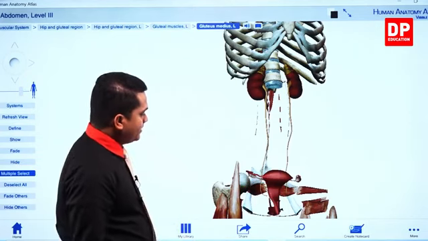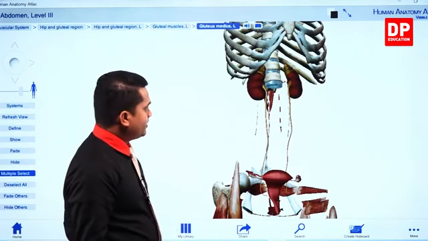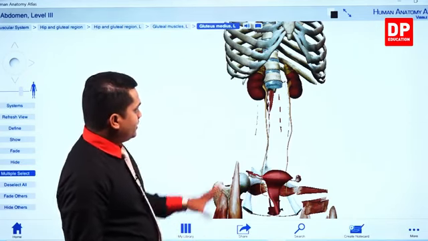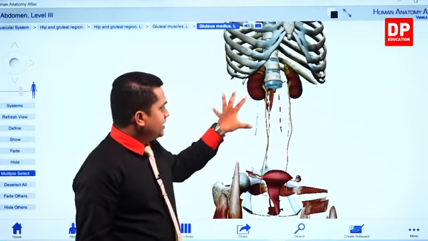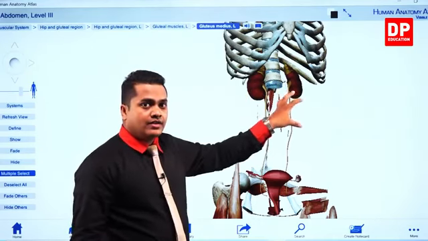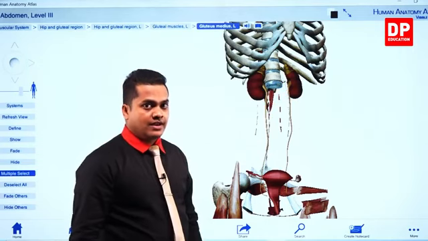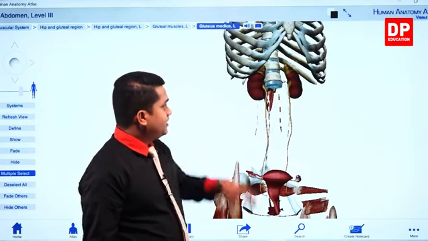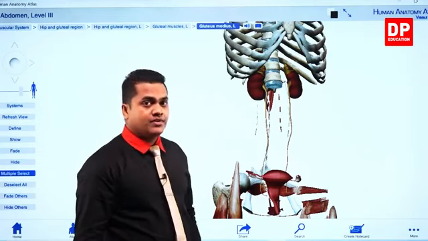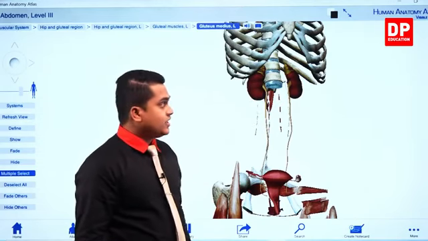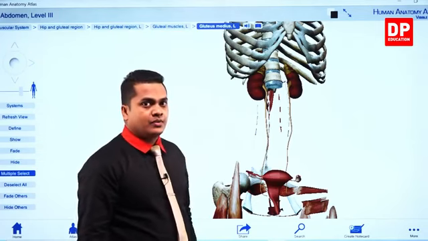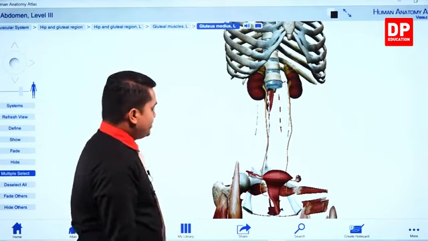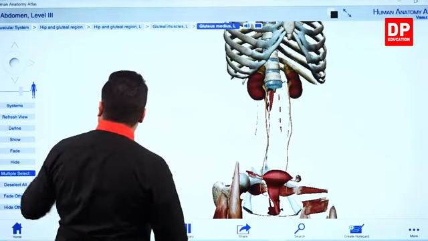This is the bladder and the urethra. Here the two kidneys are clearly located at either side of the spinal cord, right? See, at either side of the spine you can observe the two kidneys, which are bean shaped, right?